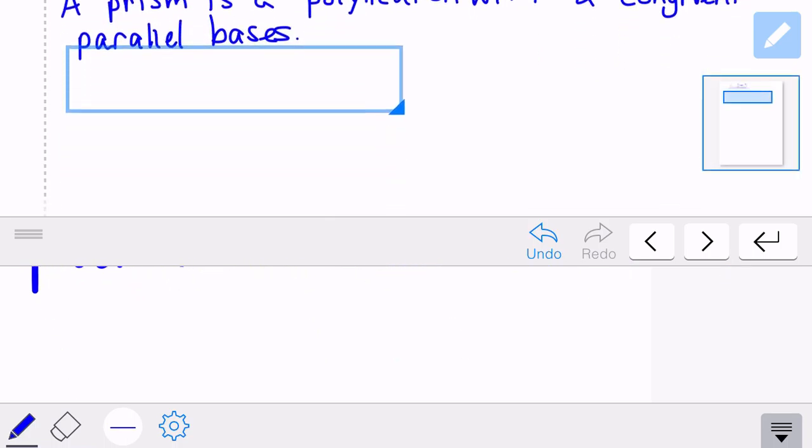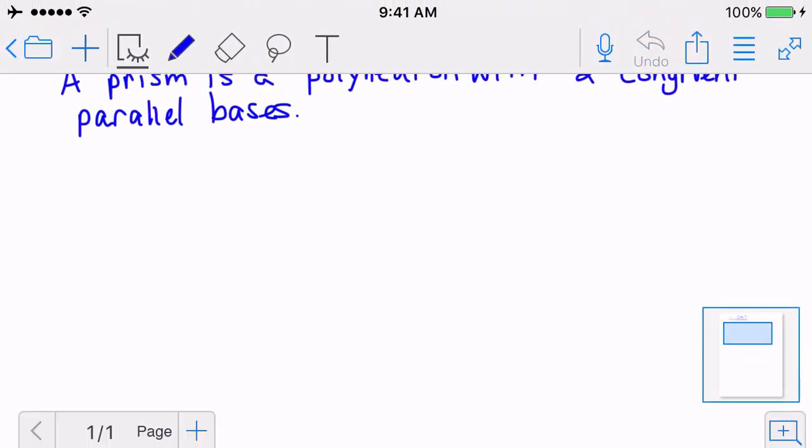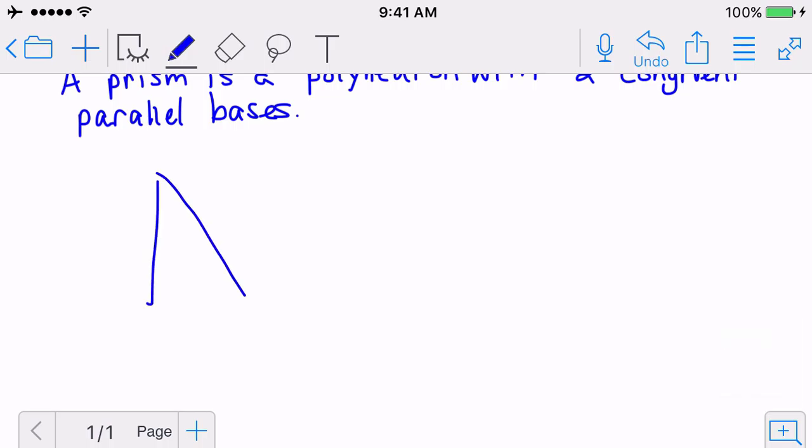Well, let's say here I have a triangle. Okay, and now think about this in 3D space. So maybe a little bit further over and back is another right triangle that's congruent to that first one, and it is parallel in space.